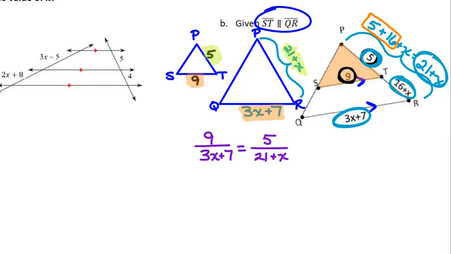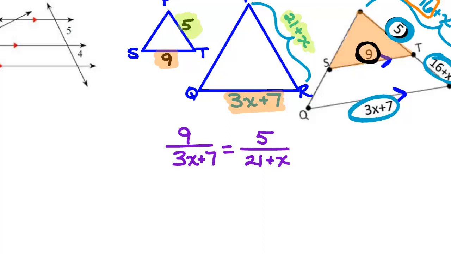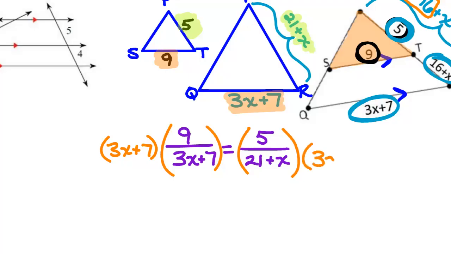And now we're going to solve this for x, which means we have to multiply by our denominators. Does it matter which denominator we multiply by first? Nope, you pick one. Let's multiply both sides by the 3x plus 7 first. If you do it to one side, you have to do the exact same thing to the other side.